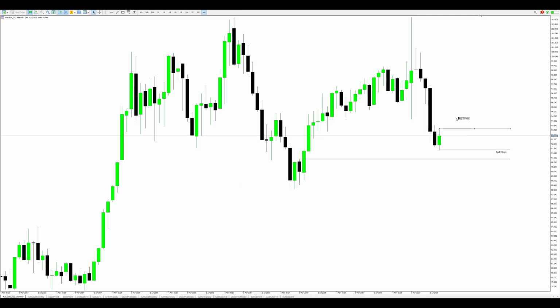So if you're not in the mentorship, you might find this a bit boring, but if you're in the mentorship, you know the significance of this price breakdown. So we've got buy stops here, right?